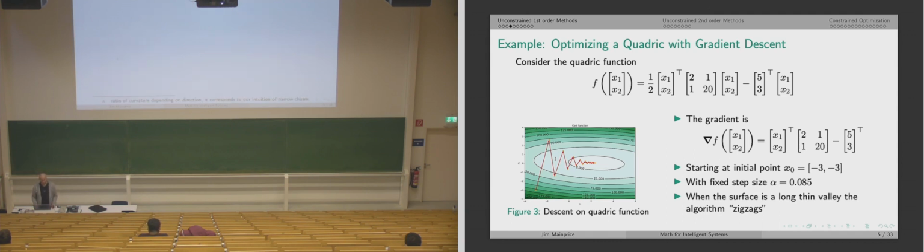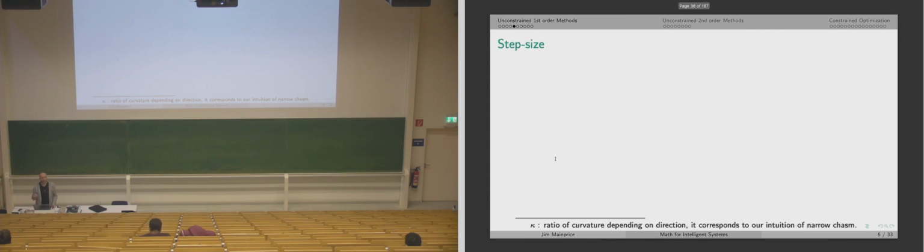So the first thing we can consider is the step size. What can we do with the step size? Having a good step size is actually important for faster convergence and convergence altogether. If it's too small, we are going to be slow, and if it's too large, we're going to fail to converge.